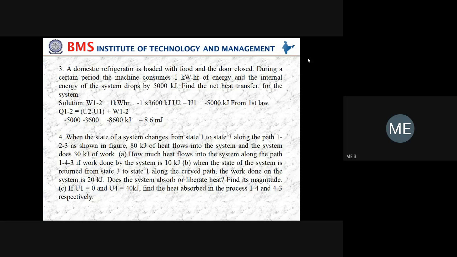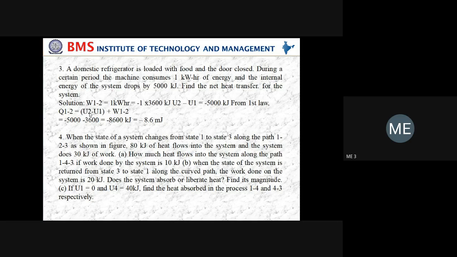So you have to write first the given data. Kilowatt hour, don't put 1 as it is. That is 1 into 3,600. Okay, that is minus 3,600, and U2 minus U1 equals minus 5,000 kilojoules. From the first law, you apply the first law of thermodynamics. So Q1 to 2 equals delta U plus W1 to 2.